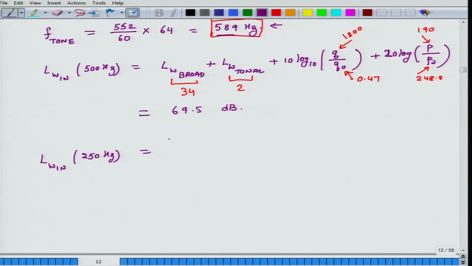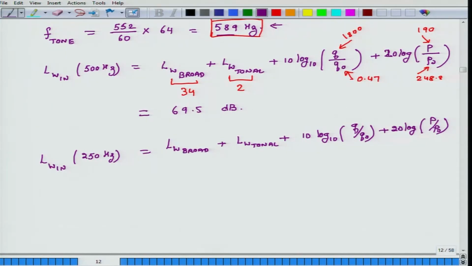So, again LW broadband plus LW tonal plus 10 log 10 Q by Q naught plus 20 log P by P naught. The same equation.